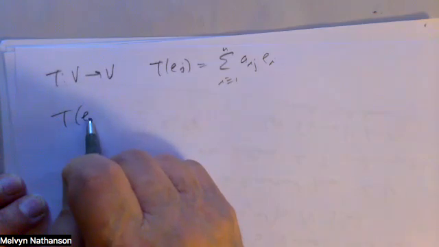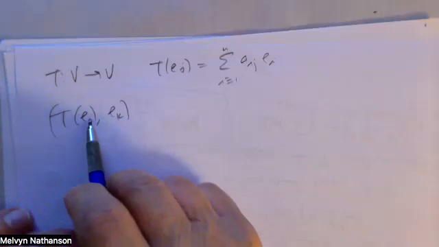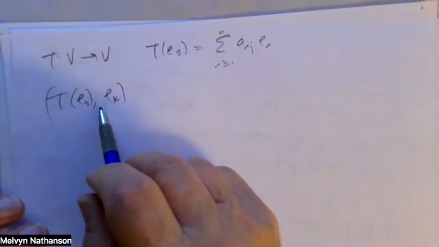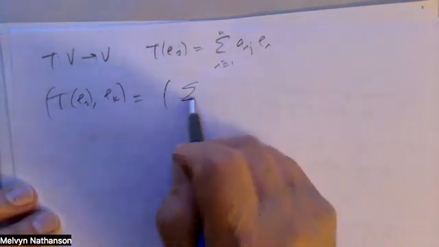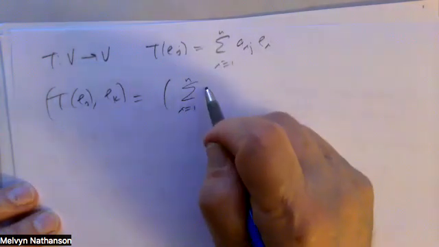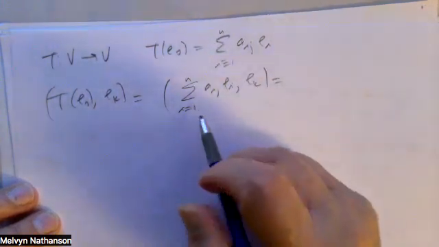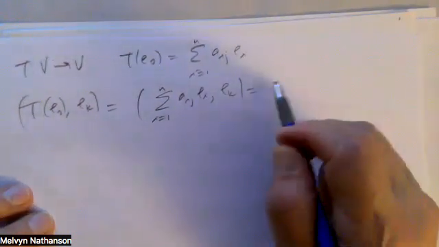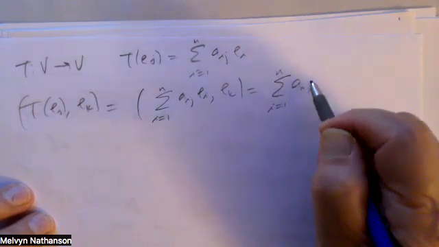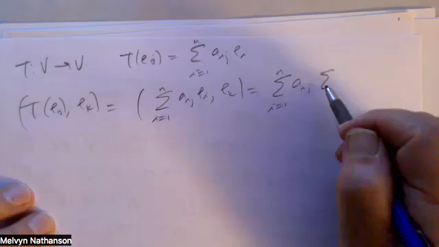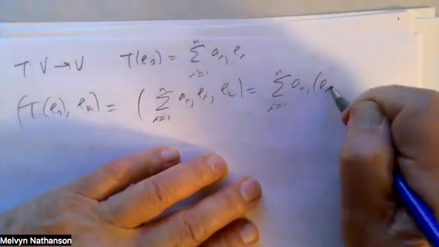So what is the inner product of T of Ej and Ek? Ej and Ek are vectors in the orthonormal basis. This is the inner product of the summation, i goes from 1 up to n, of Aij Ei, with Ek. By the bilinearity of the inner product, this is the summation, i goes from 1 up to n, of Aij times the inner product of Ei and Ek.